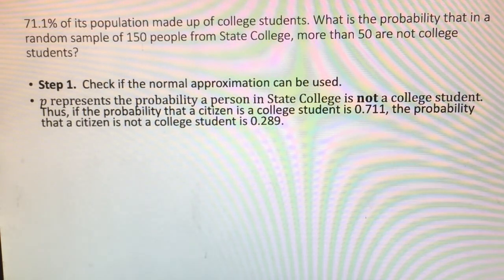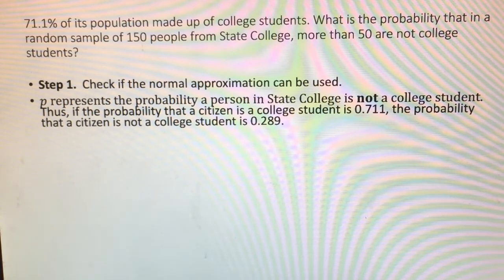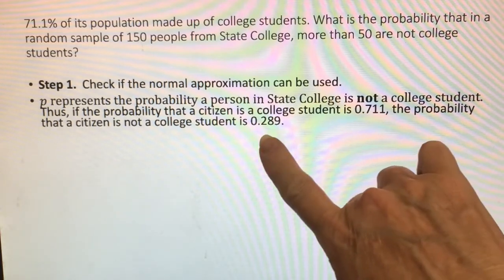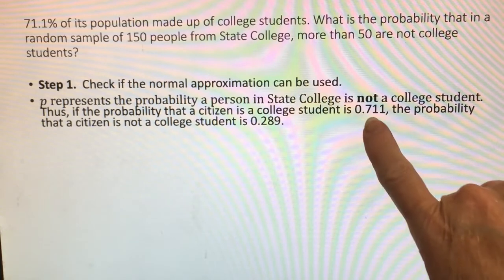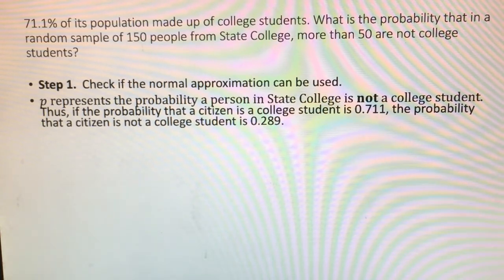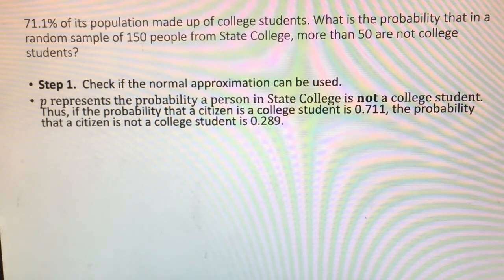It says, thus, if the probability that a citizen is a college student is 0.7111, the probability that a citizen is not a college student is 0.289. So our P, which is our probability of success, is 0.289, and our Q, which is our probability of failure, is 0.711.